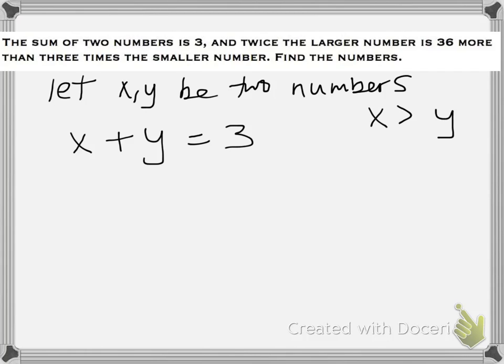So twice the larger number, so if x is larger than y, twice that larger number is 36 more, so 36 plus, 3 times the smaller number. Find the numbers.